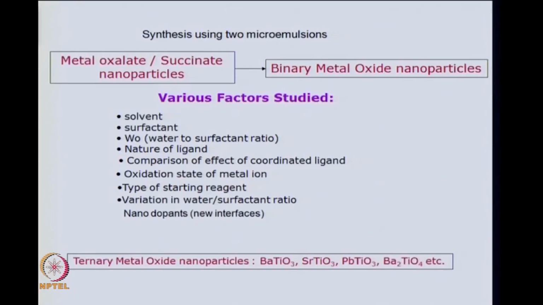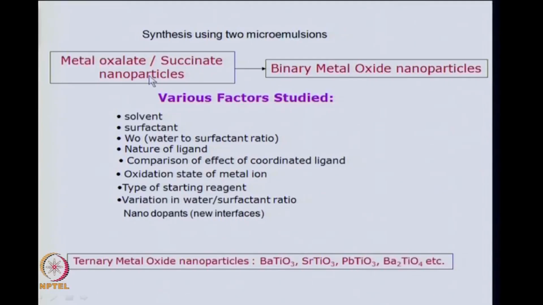Now, typically how do you synthesize nanostructured materials? We will study how we synthesize using two microemulsions, by which we get metal oxalates or metal carboxylates and then generate binary metal oxide nanoparticles.